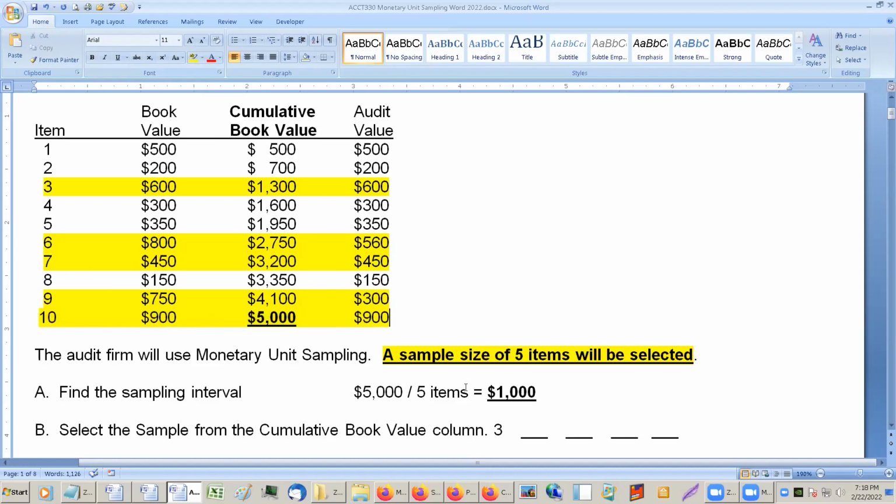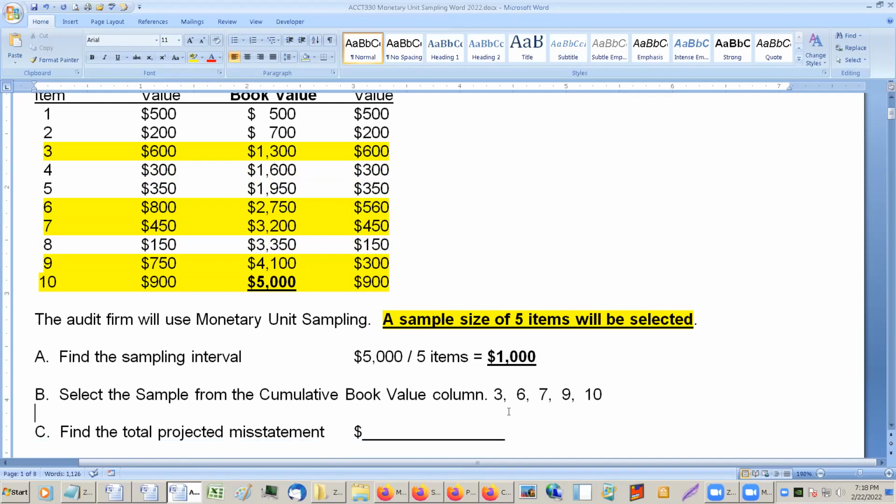So we have items 3, 6, 7, 9, 10. These will be the items that we pick.